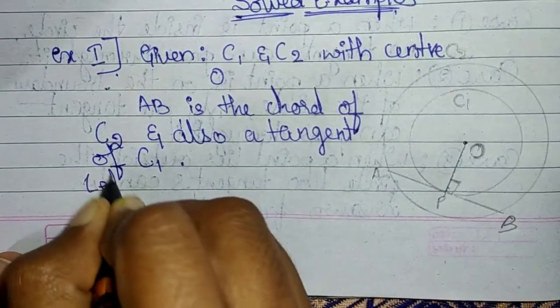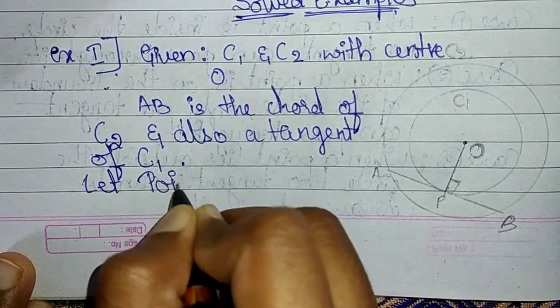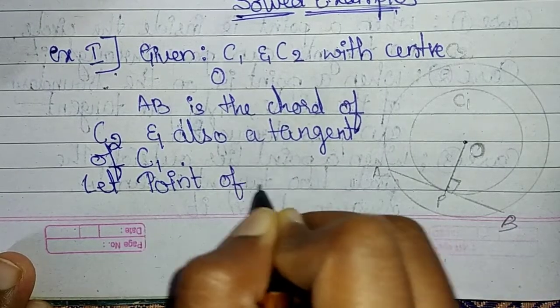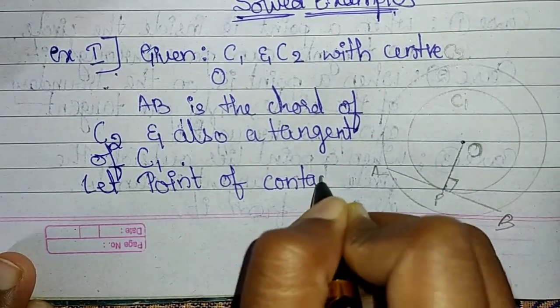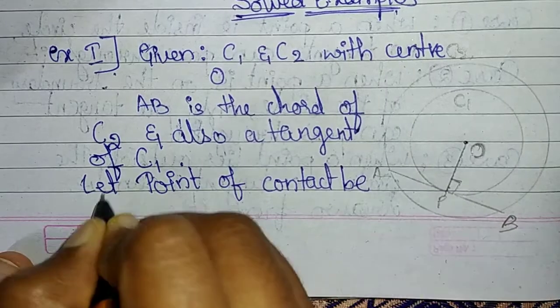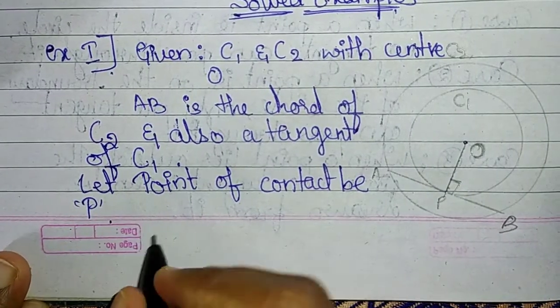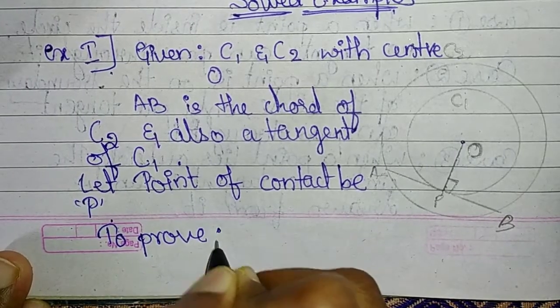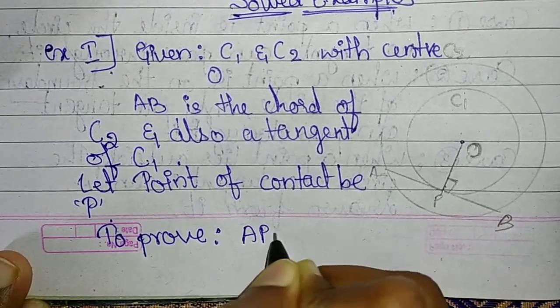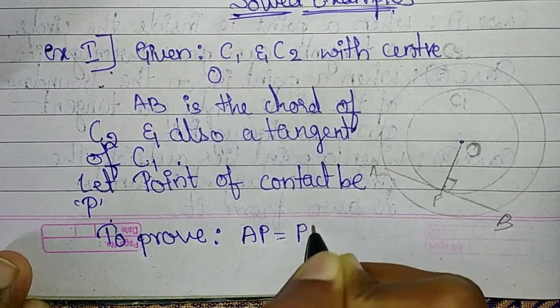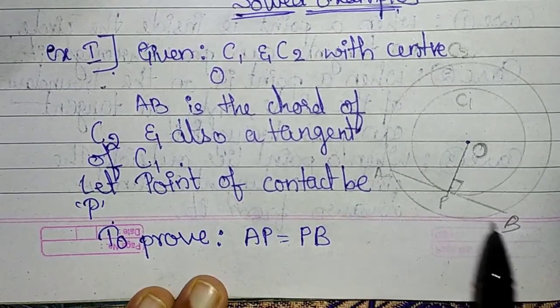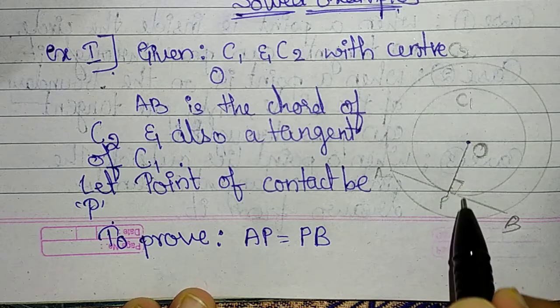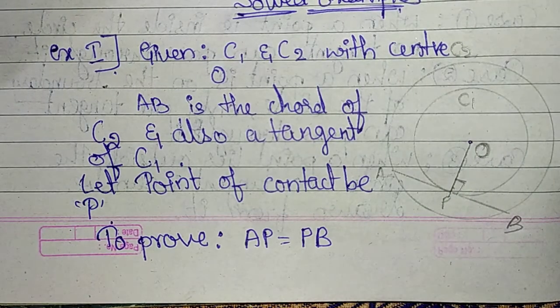Let the point of contact be P. To prove: AP is equal to PB. That is, the chord has been bisected at the point of contact. Bisected means divided into two equal parts.